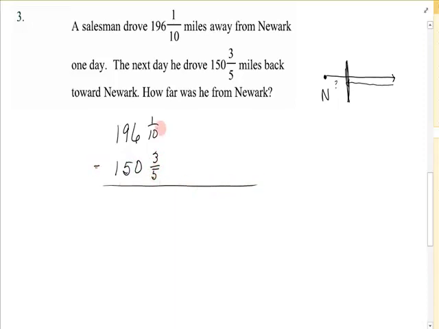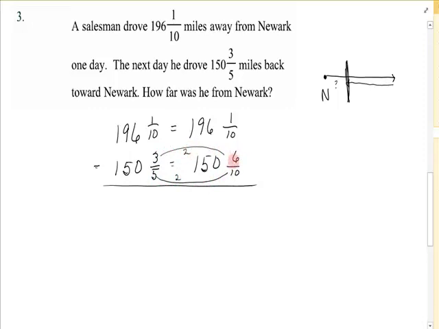The common denominator will be the larger denominator of 10. So that is 196 and some tenths. The bottom is going to be 150 and some tenths. No change in the first fraction, so it will stay 1/10. 5 goes into 10 2 times, and 2 times 3 is 6.